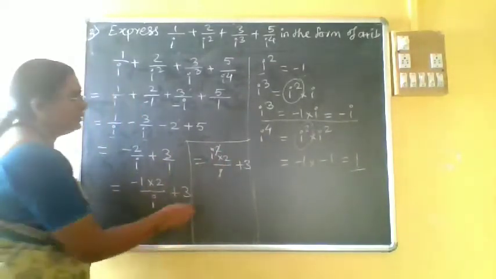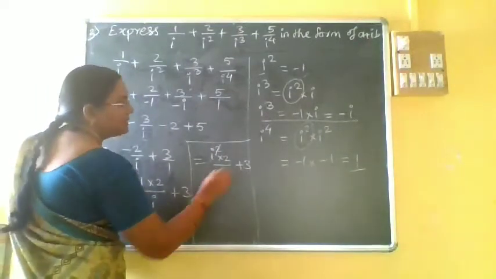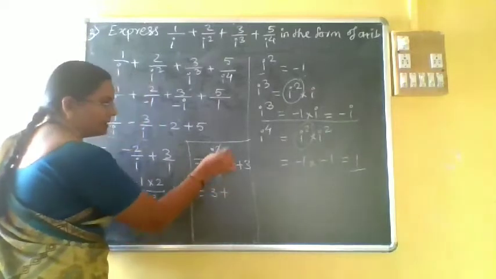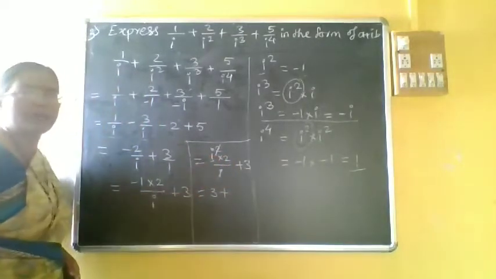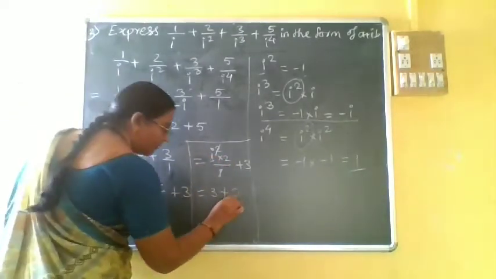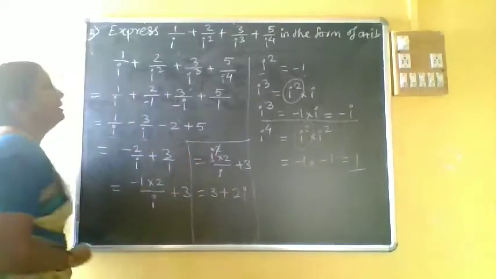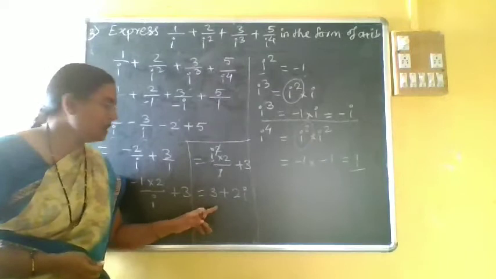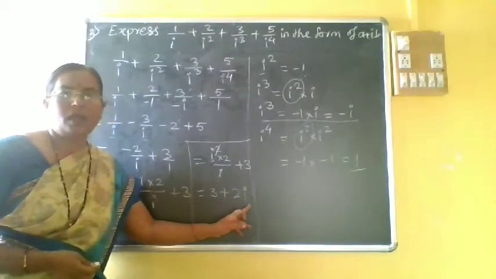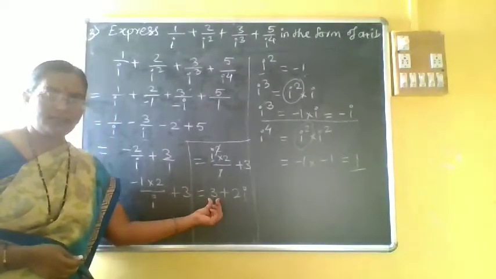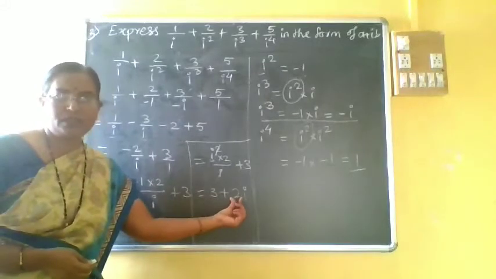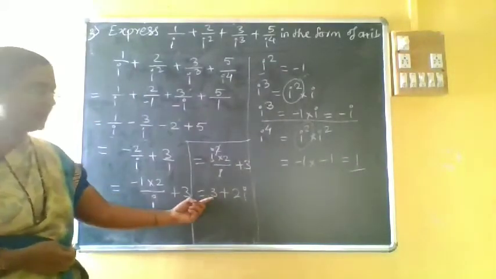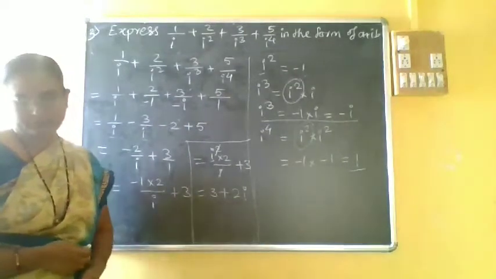One i is cancelled and the remaining terms are plus 3 first, and the remaining one i is there, therefore 2 into i. The given expression becomes in the format of a plus b i. The value of a is 3 and the value of b is 2. This is in the format of 3 plus 2i.